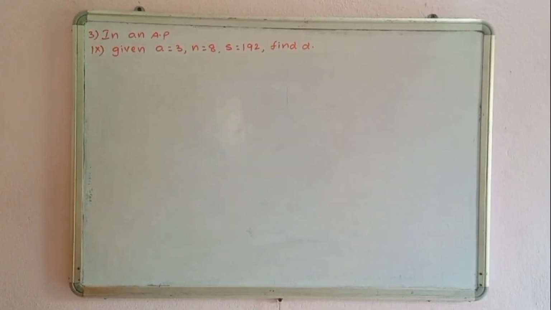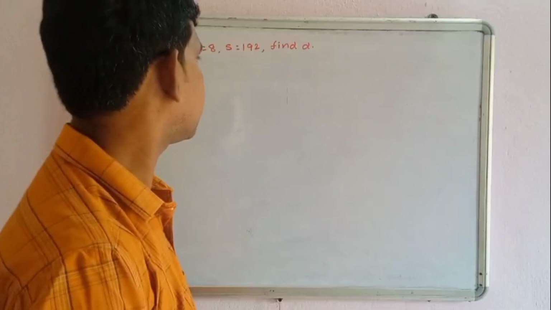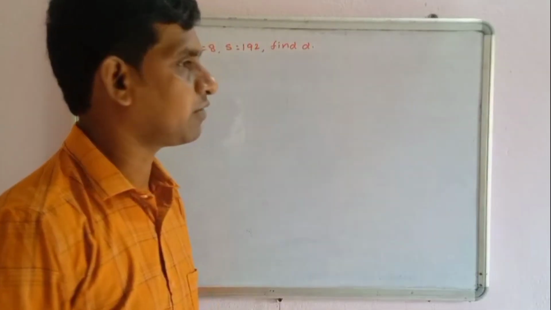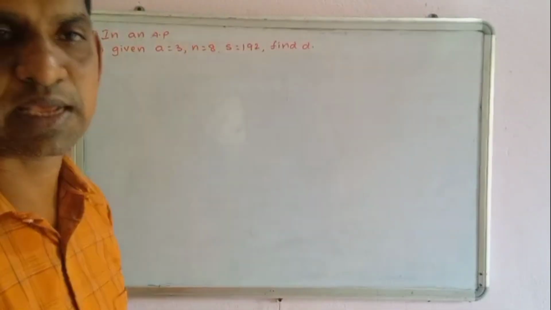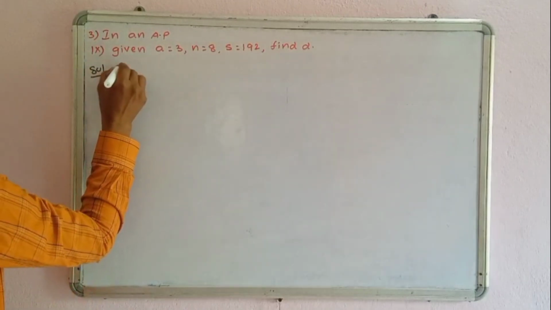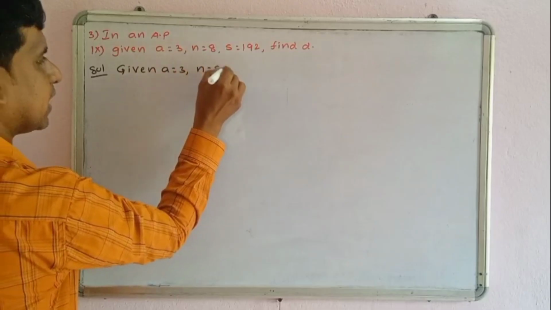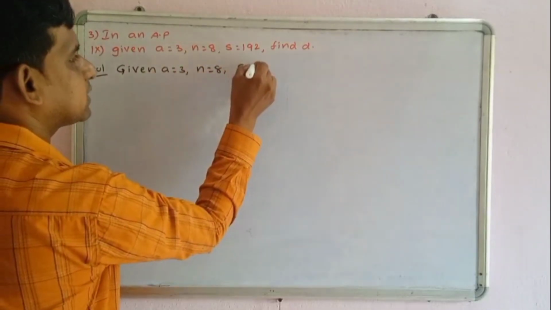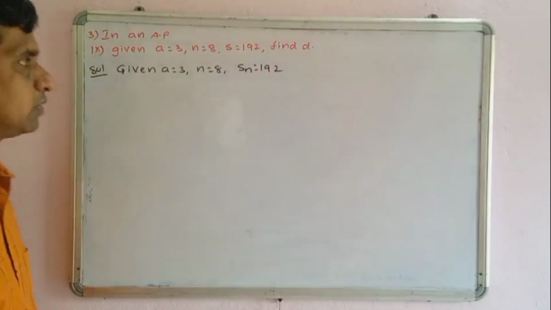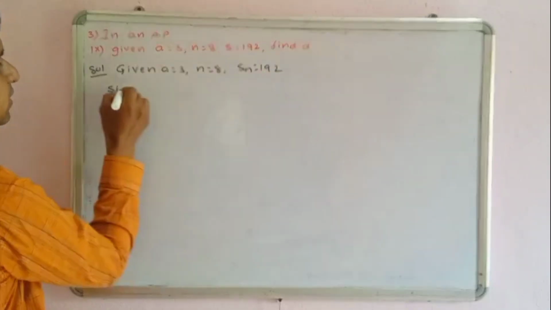Problem 9. Given a equals 3, n equals 8, Sn equals 192, then find the value of d. Here S is nothing but Sn. See the solution. Given a equals 3, n equals 8, and Sn is given, that is 192. Now we will find the value of d.